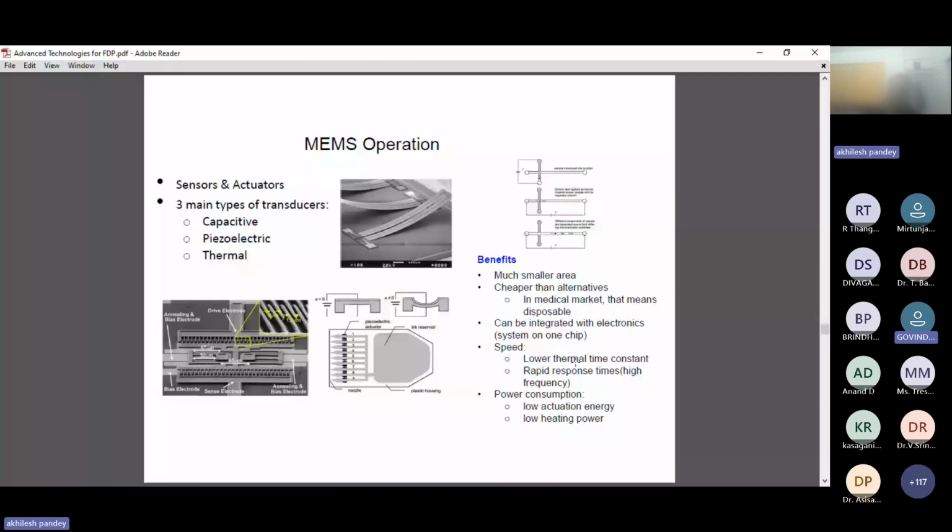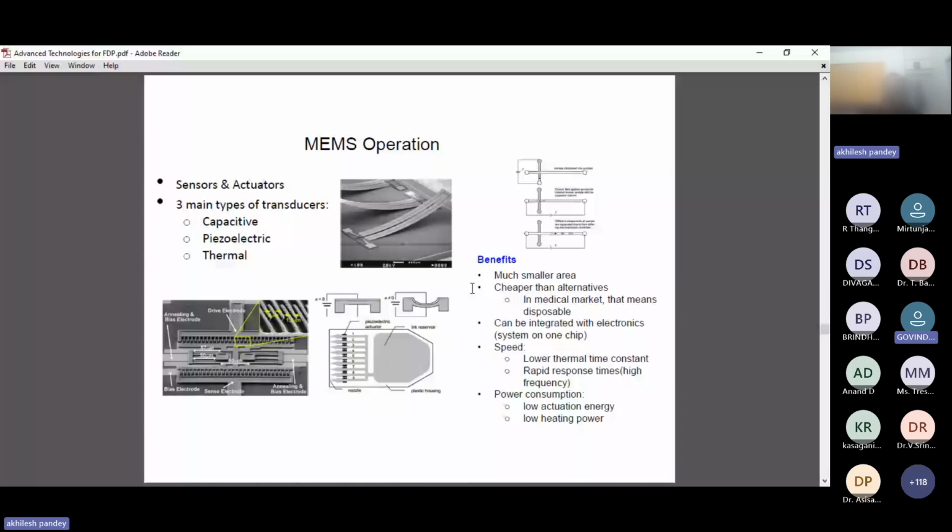Environmental sensing can be done by changing the shape of the material. These are the MEMS operations, and in the thermal type, the temperature is changing. Here you can see the resonators, where changes in the environment change the response.